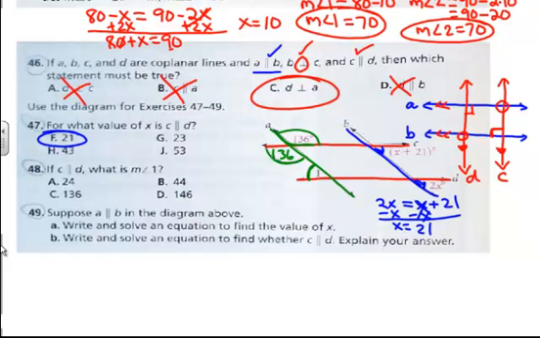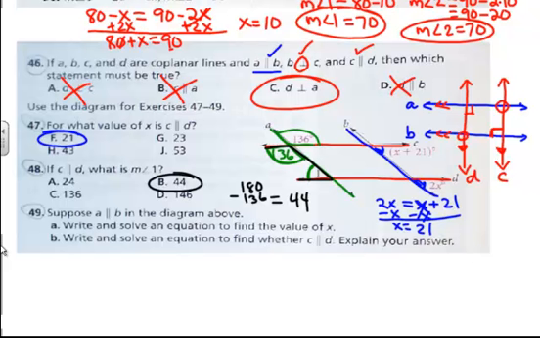Remember, vertical angles are congruent, and that forms a special pair of angles. These angles are supplementary angles. So 180 take away 136 is equal to, on my calculator, 180 minus 136 is equal to 44 degrees. So it would have to be 44 degrees.